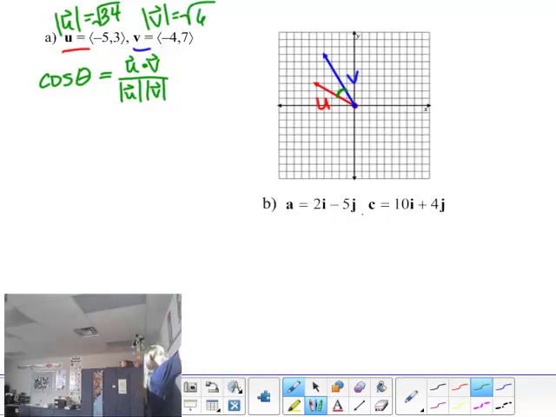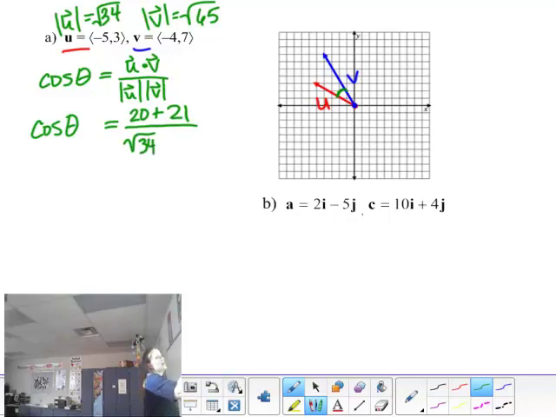All right, so we've got our two magnitudes. Now we just need our dot product. So the cosine of the angle in between them is going to equal the dot product, that would be positive 20 plus 21, over the square root of 34 times the square root of 65. Doing a little arithmetic, we have 41 divided by the square root.